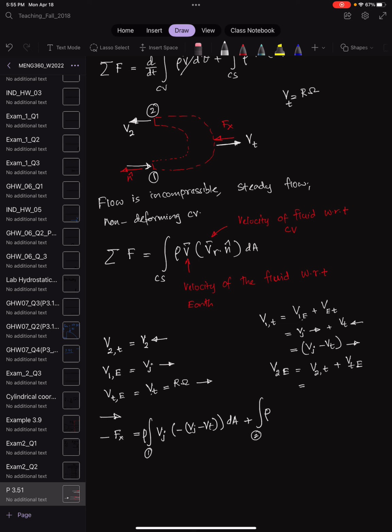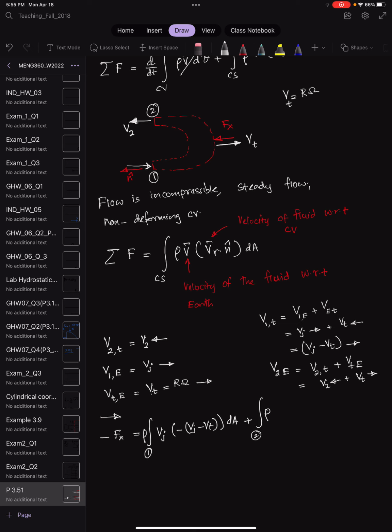We are writing the equation from left to right, so this is V2 from right to left, plus V turbine Earth, which is left to right. So it's V turbine into this side, right?